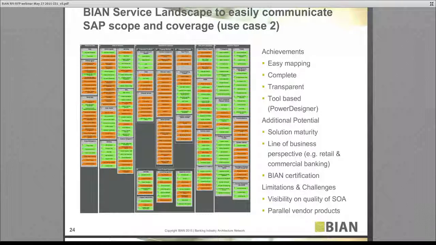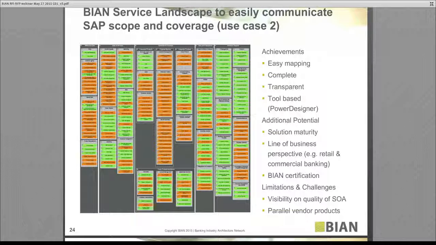We use PowerDesigner as a framework. We have all the BIAN content in, and that allows us to start earlier with the discussion on transformation, and to progress with the discussion as soon as it comes to, please show me now how a concrete service domain, how a set of requirements is actually supported with SAP software.